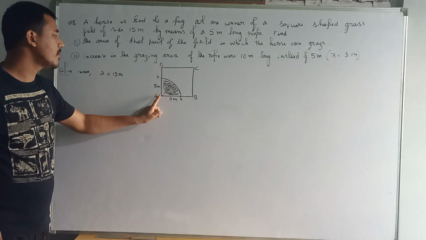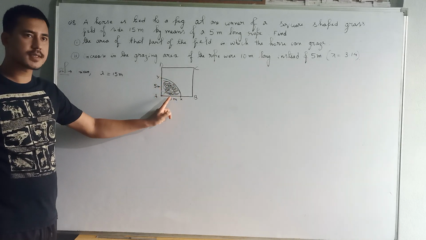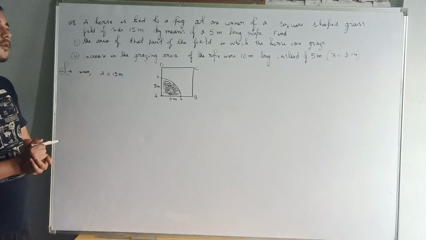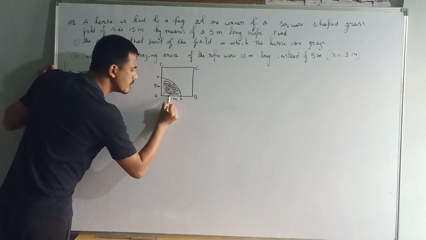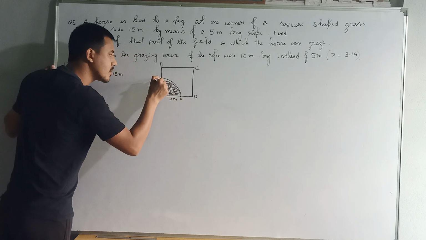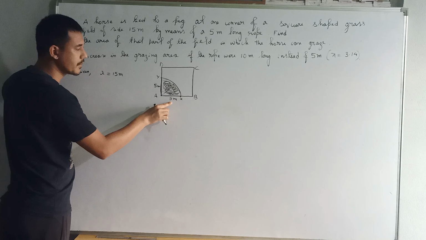Now, this area AXY is in the shape of a sector, with radius equal to AX or AY, which is equal to 5 meter.